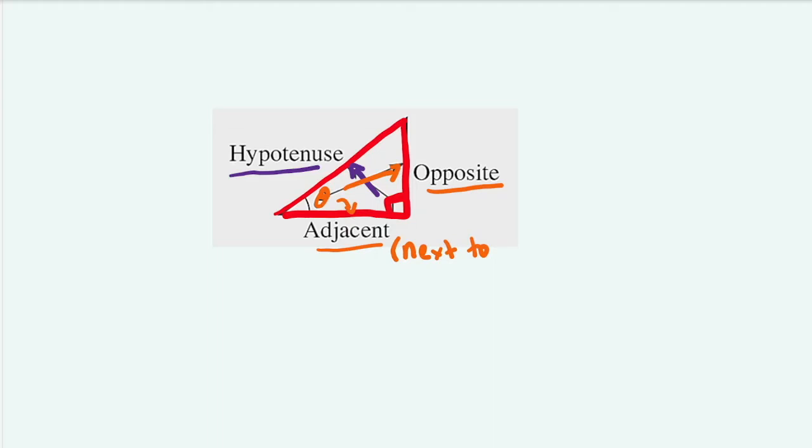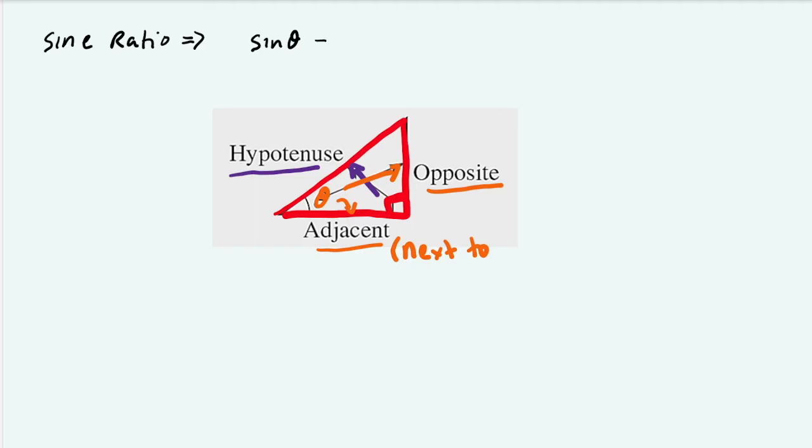Okay, so how this all fits together with our trig ratios. We will have the sine ratio, so sine theta. Now it doesn't necessarily have to be theta. It could be an alpha or a phi or a beta. Whatever that symbol is, we tend to use theta more often than not.